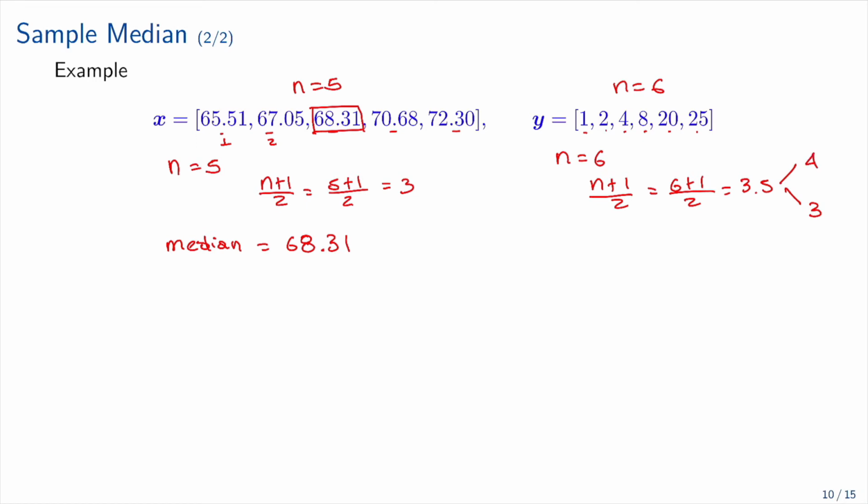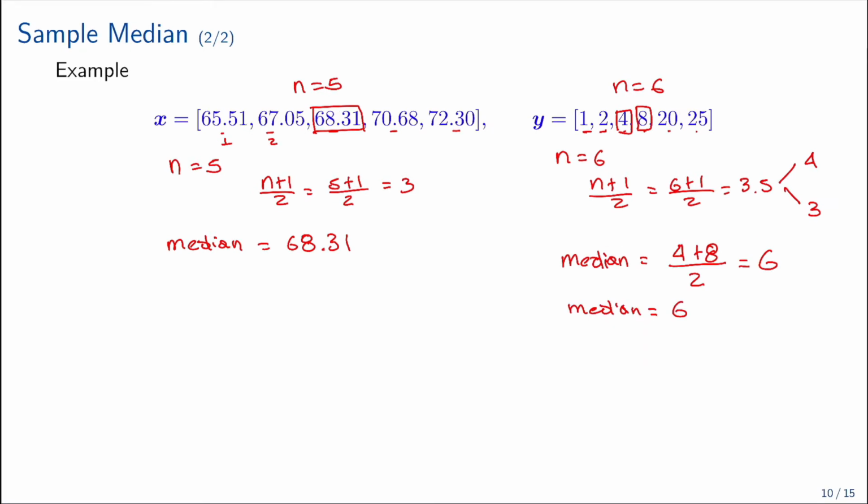So we take the average of positions 3 and 4. So this is 1, 2, 3, and 4. So the median is equal to (4 plus 8) divided by 2, which is equal to 6.